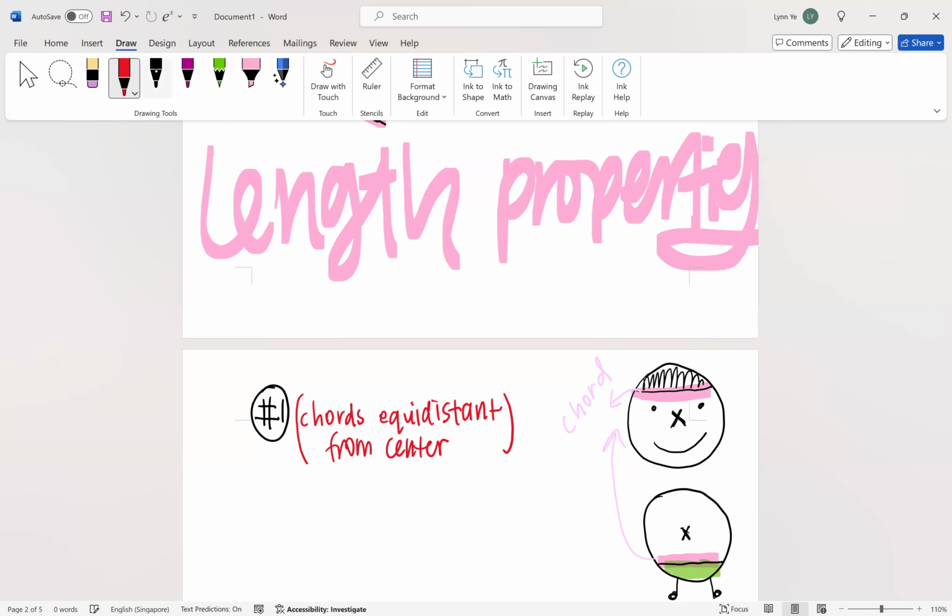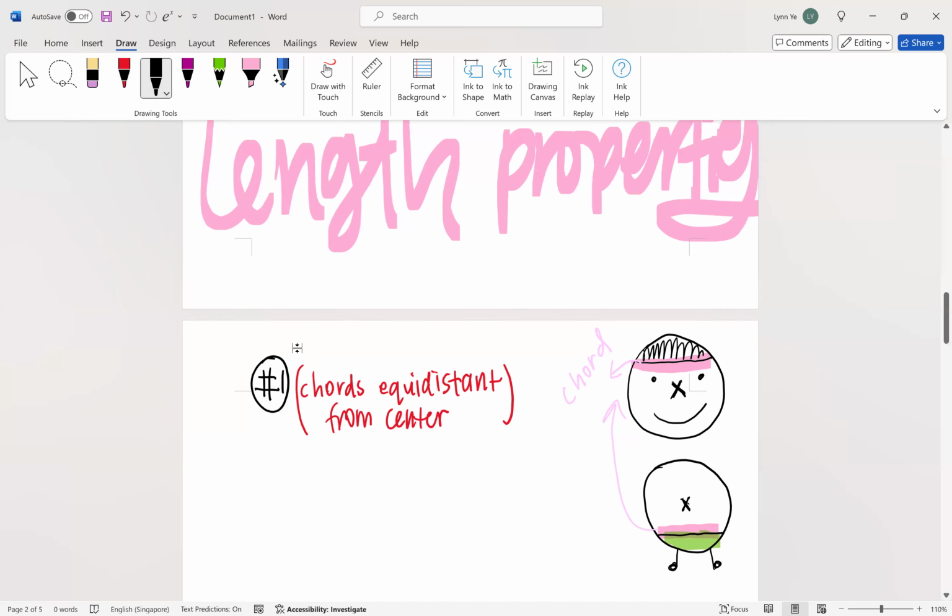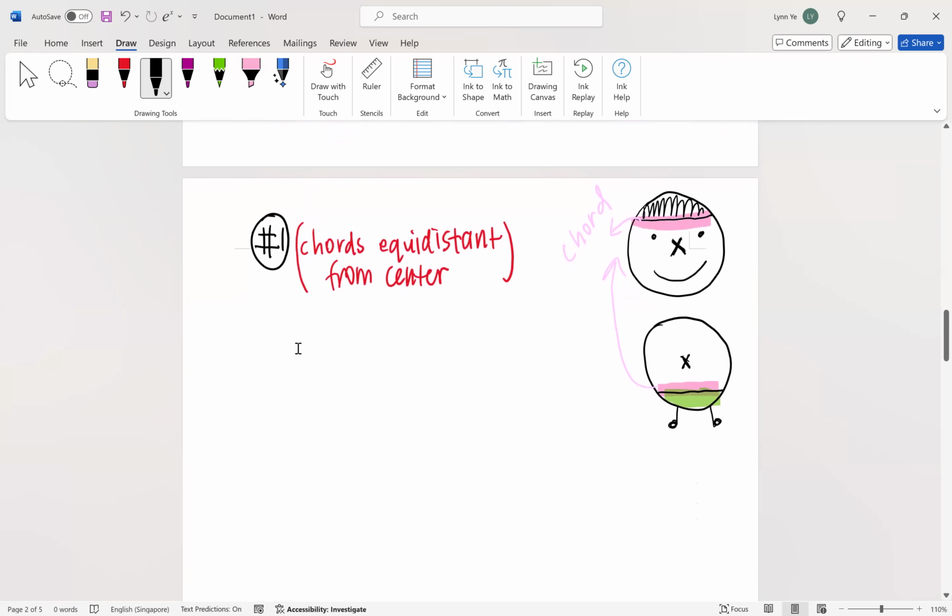So this is the reasoning that you can give to do length properties. This one I'll draw really big. Please try to draw a really big circle. Usually the center we represent as O.